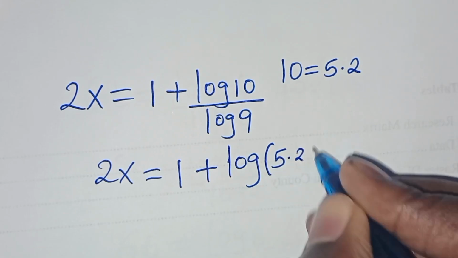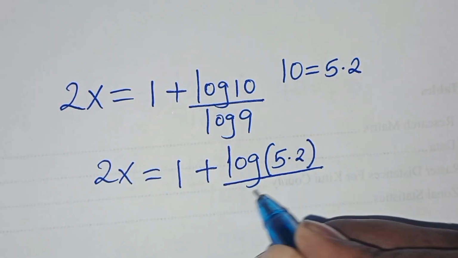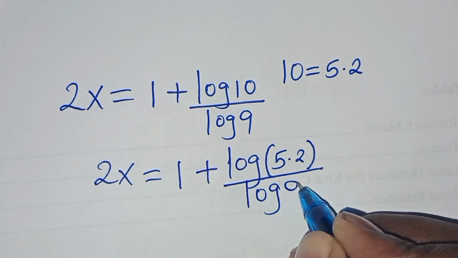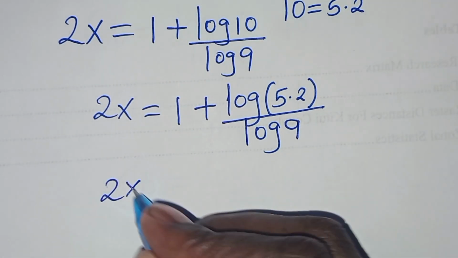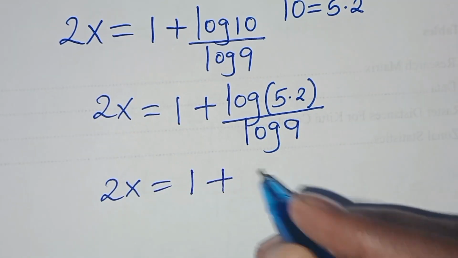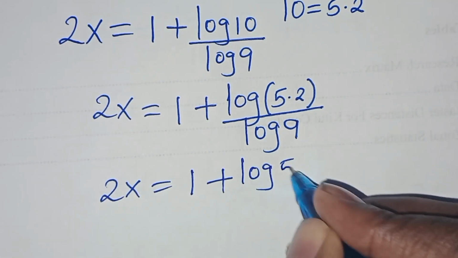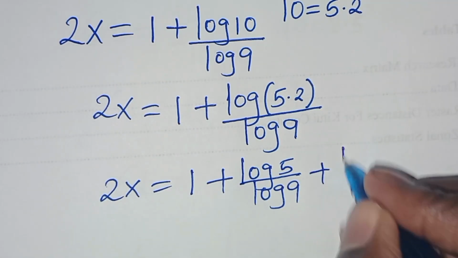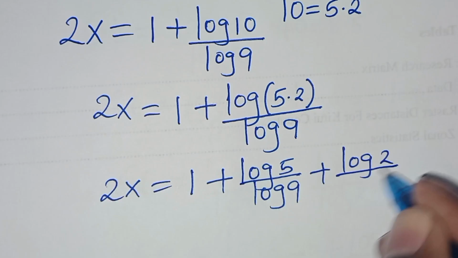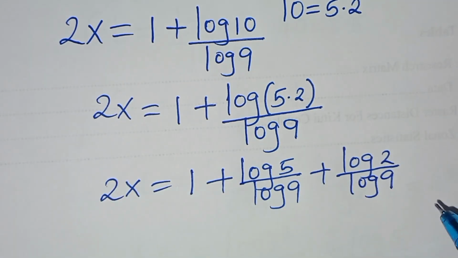5 times 2 divided by log 9. So here we have 2x. This is equal to 1 plus log 5 divided by log 9 plus log 2 divided by log 9.